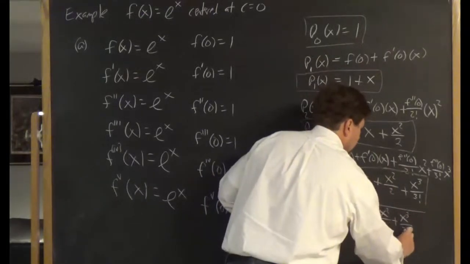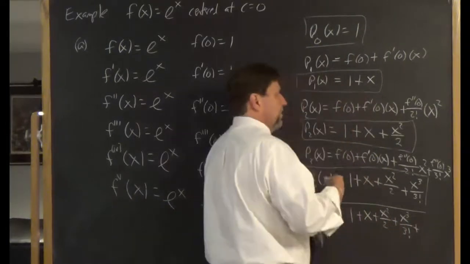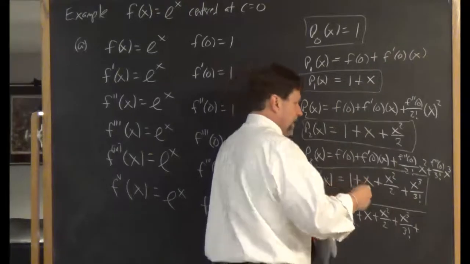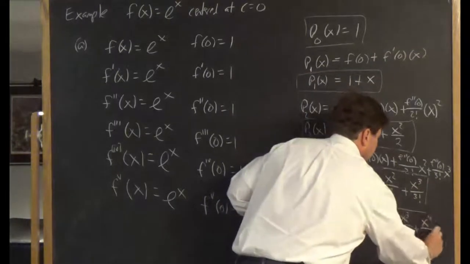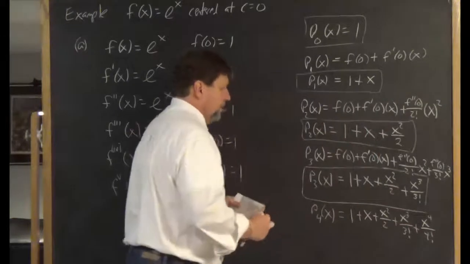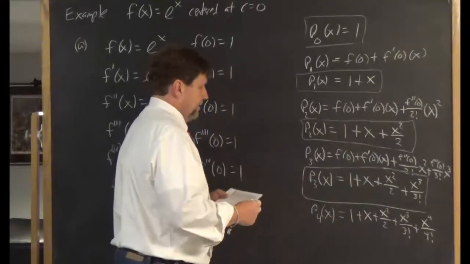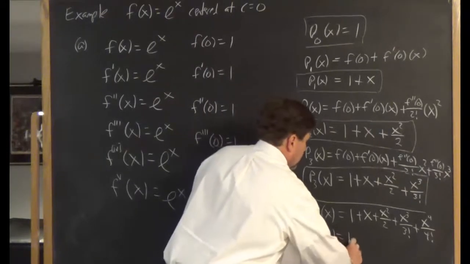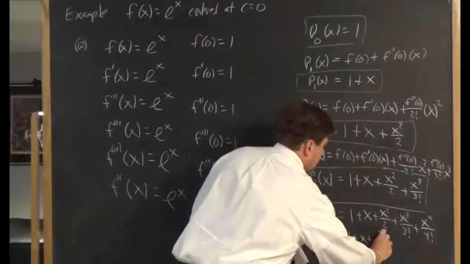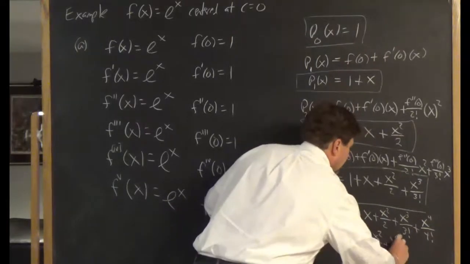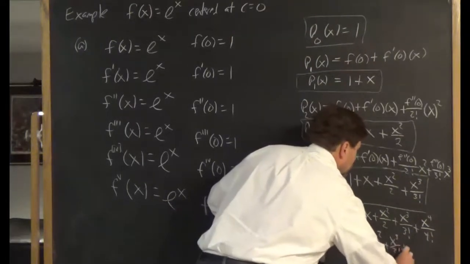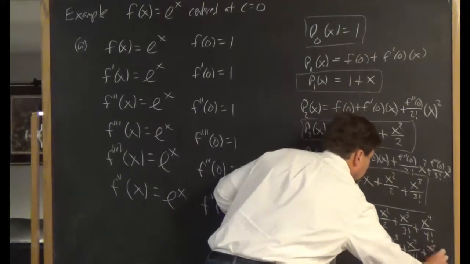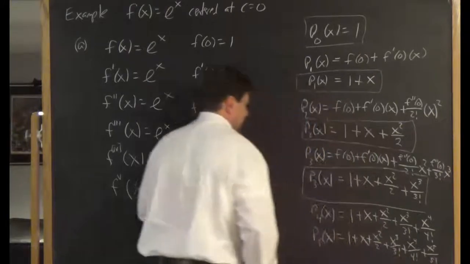Well, that's x cubed over 3 factorial plus the fourth derivative evaluated at 0 over 4 factorial times x to the fourth. Well, that's x to the fourth over 4 factorial. And then p sub 5. Well, I think I'm seeing the pattern. That's p sub 5.